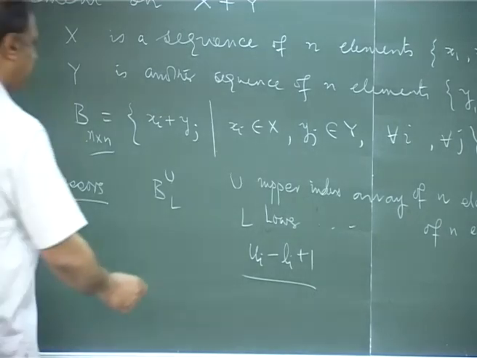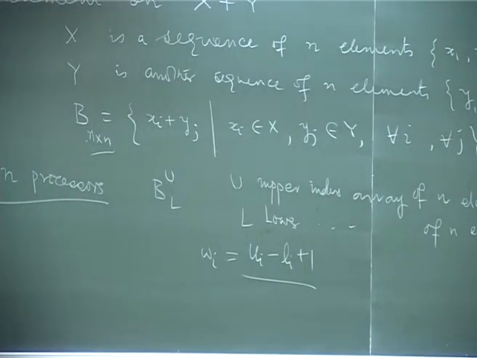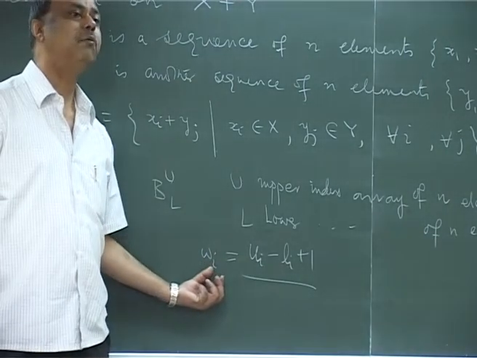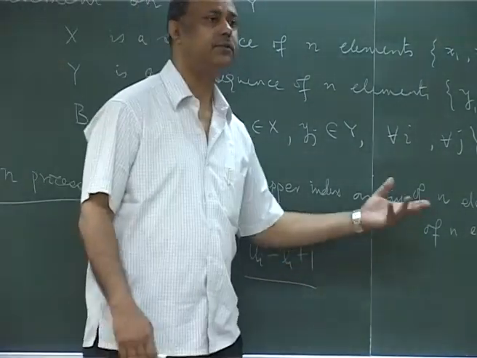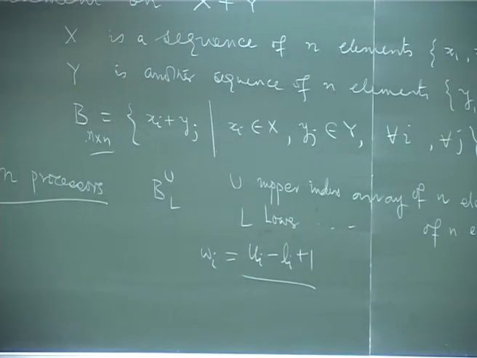And let us assume that this is Wi, the weight assigned to the ith row. Wi is the number of elements in the ith row which can be considered as possible candidates for the kth element. Agreed?